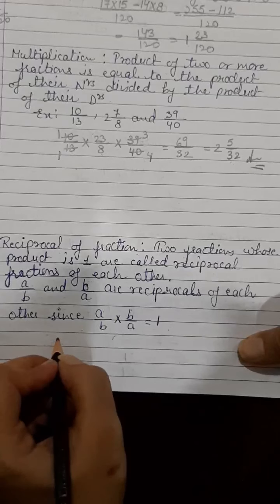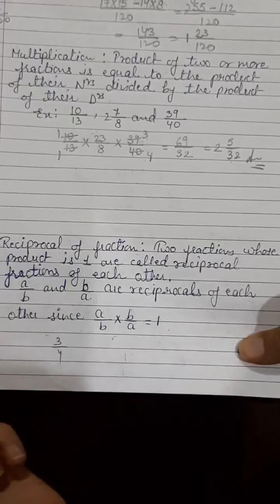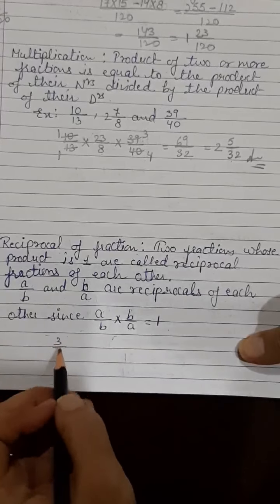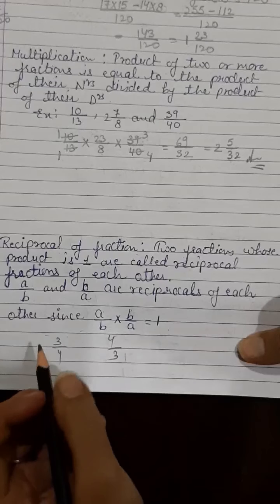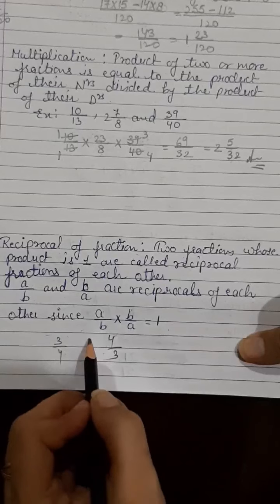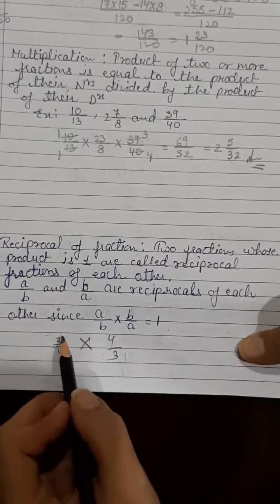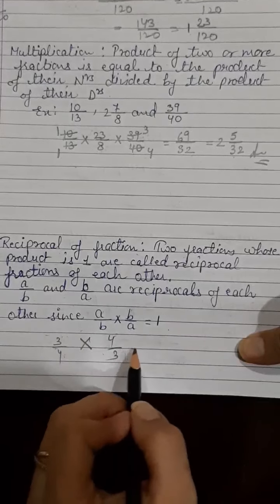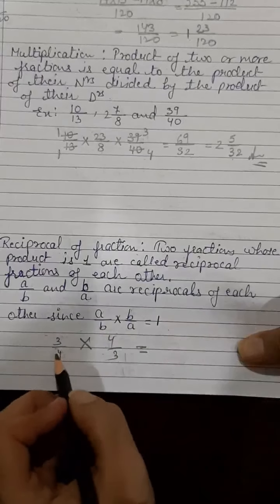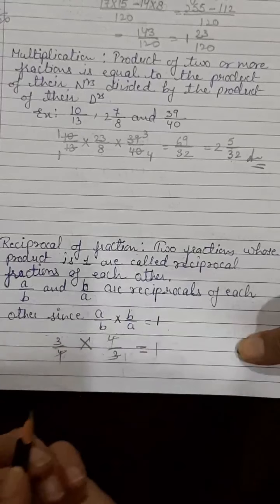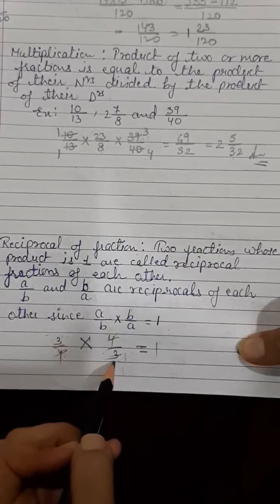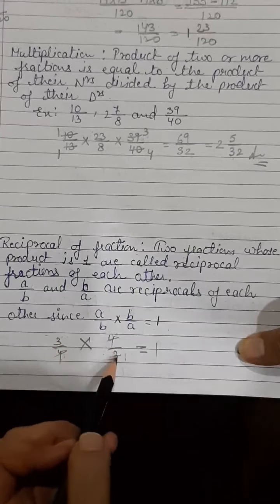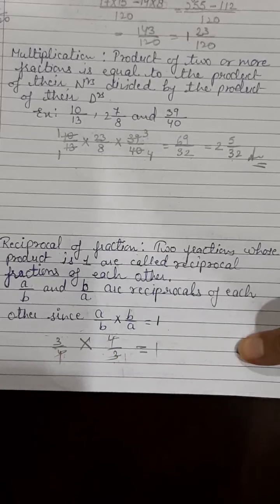If you have to find the reciprocal of 3 by 4, the reciprocal of 3 by 4 is 4 by 3. Right? Or you can check also. If you multiply 3 by 4 and 4 by 3, the answer should be 1, and here the answer will come 1. Clear? So you can say 3 by 4 is the reciprocal of 4 by 3, or 4 by 3 is the reciprocal of 3 by 4.